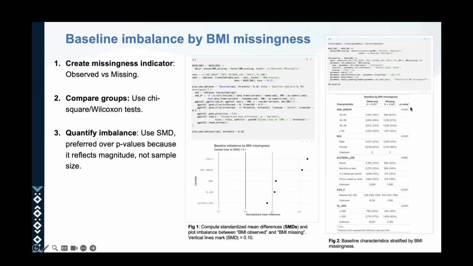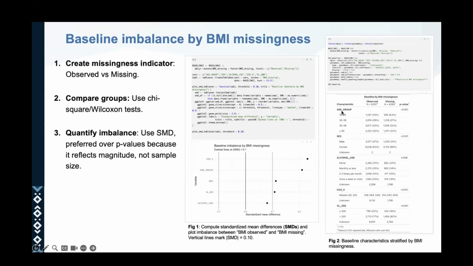While this tells you there are statistically significant differences, it doesn't tell you the magnitude. To tell the extent to which missingness influences the outcome or another variable of interest, you have to quantify it. One way you do it is by measuring the standardized mean difference. Let's take, for example, in our same data set, the group of people who had data on BMI and the people who do not have data on BMI.